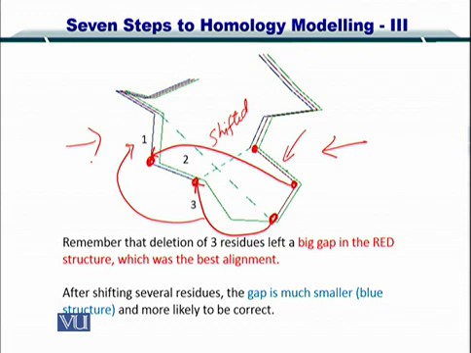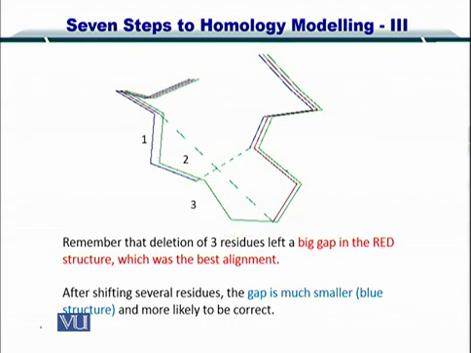So what does it lead to? Let's see. So now the blue structure is the new one. So as you can see, we cut the protein from here, the structure, and now the distance between the two amino acids is small as compared to the distance that existed before.